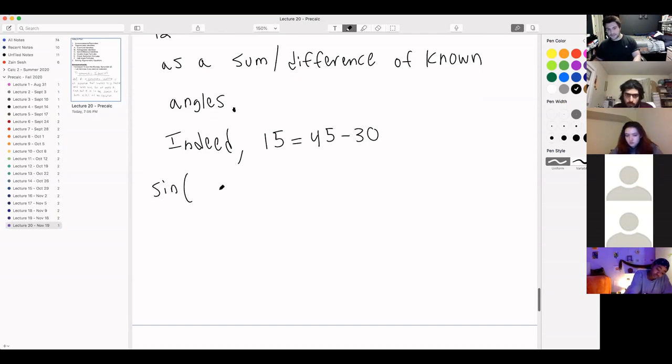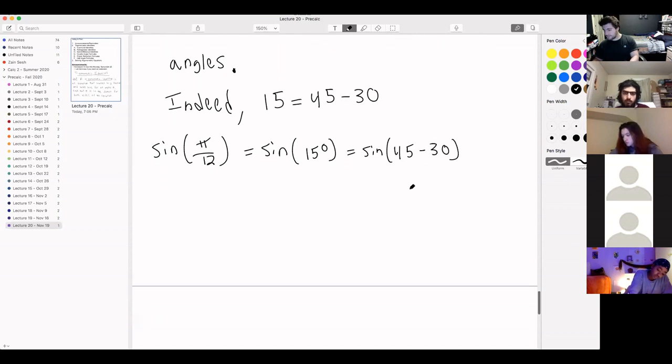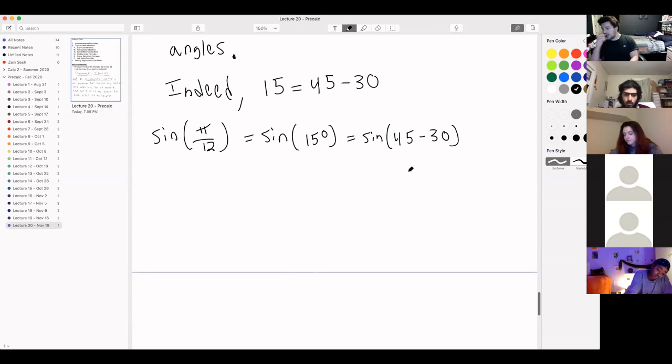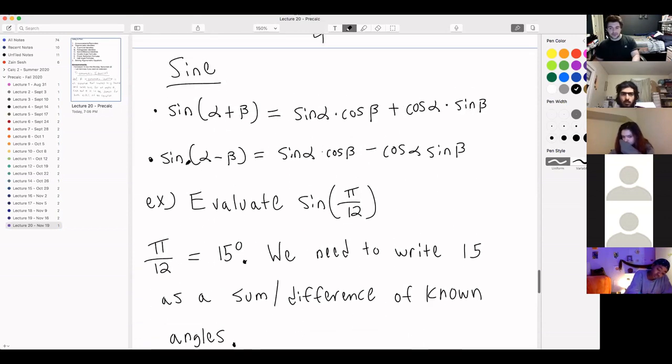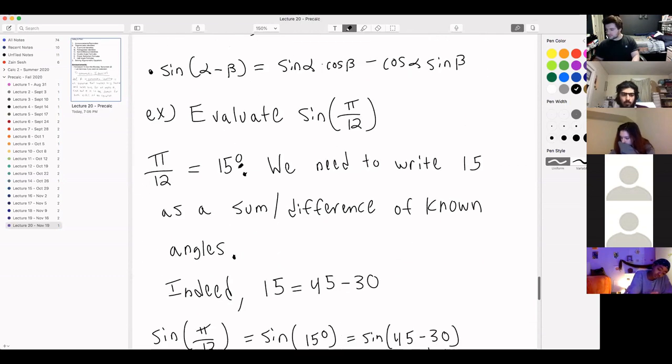So sine of pi over 12 is the same as sine of 15 degrees, which is the same as sine of 45 minus 30. And now here is alpha, and here is beta. So we're using the difference formula. We're using the second bullet point right here.